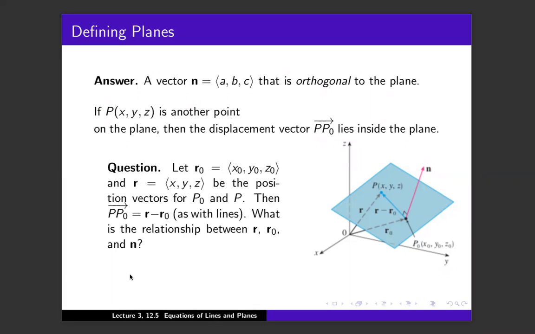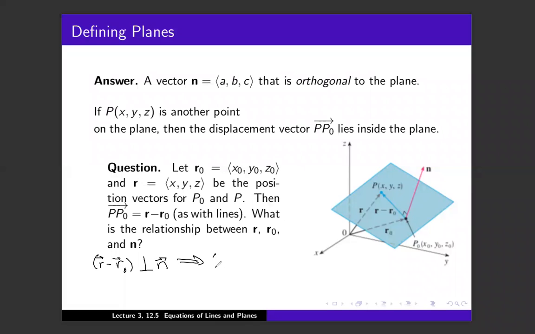What we see is that r minus r naught is orthogonal, and n's not quite the cross product. It's not, because for cross products you need a second vector, and we only have one vector that's inside the plane. The vector inside the plane is r minus r naught, but they are orthogonal. And it's a little bit simpler than a cross product. They're orthogonal, but we're not going to use a cross product. We're actually going to use a dot product.